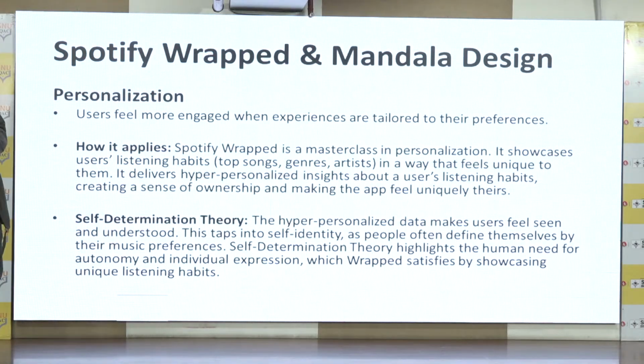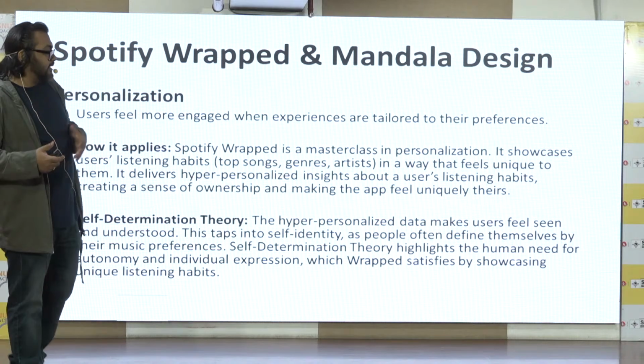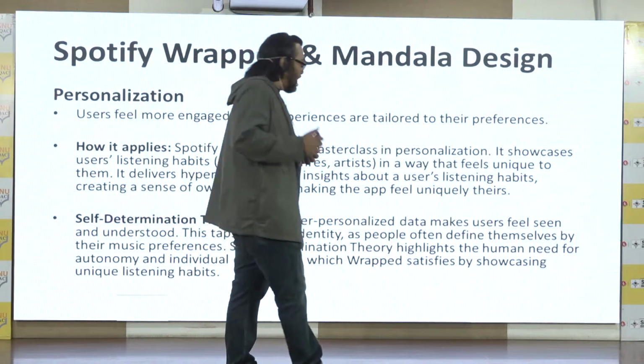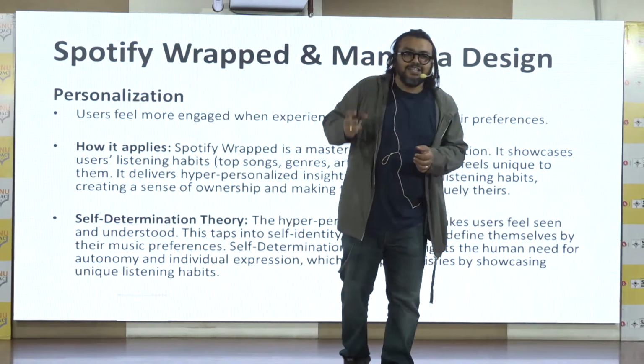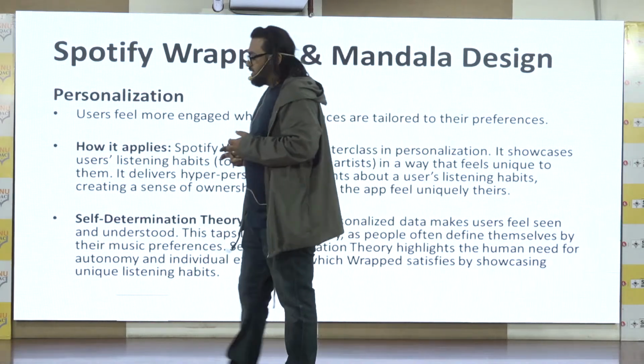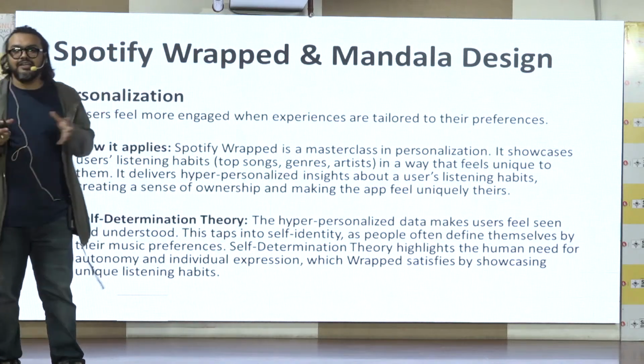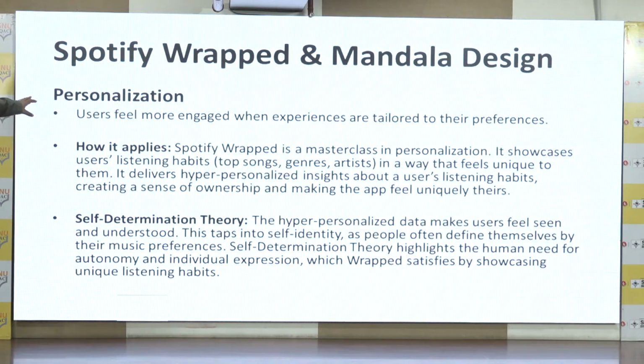Now coming to the modern age, how we have taken this influence and made it our own, because as we all know, good art is steal. That is something Spotify has done very proudly. They have taken the whole understanding of mandala and used that in their Spotify Wrapped design.